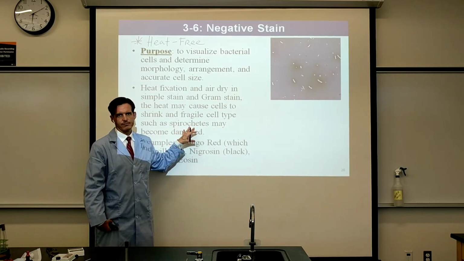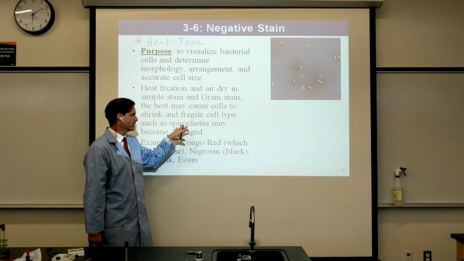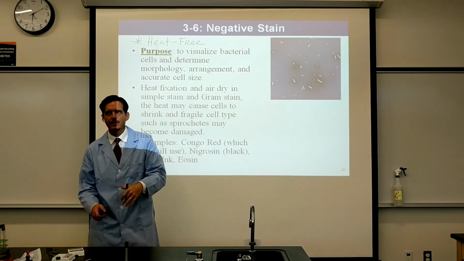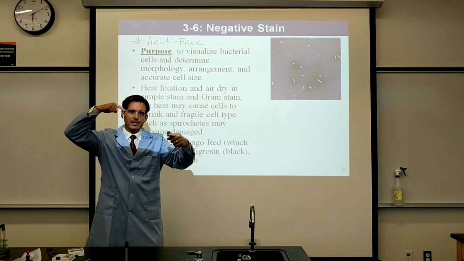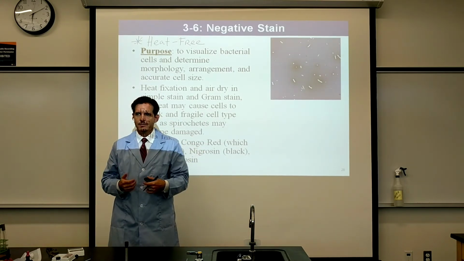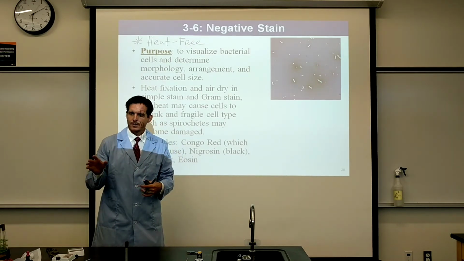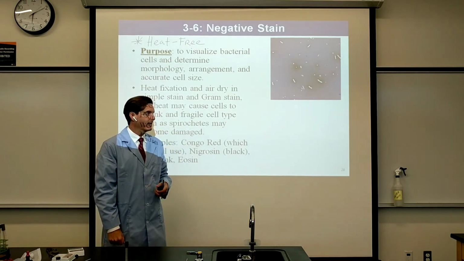One such very delicate, fragile type of bacterium is the spirochete. Spirochetes are coiled, spring-shaped bacteria, and the negative stain is one of the only staining techniques that allows us, through ordinary use of the microscope, to see spirochetes.